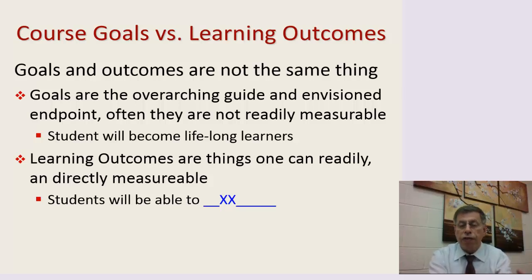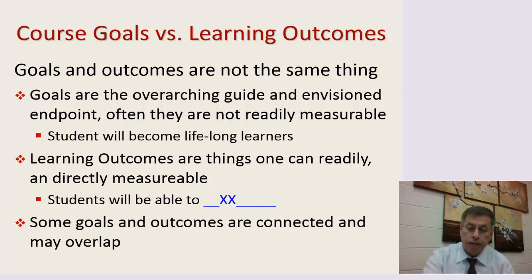They are artifacts that students produce during the course of the semester for your course. Now, to be fair, often goals and outcomes overlap, and they are always connected. So let's see if we can clarify by writing some clear learning outcomes.